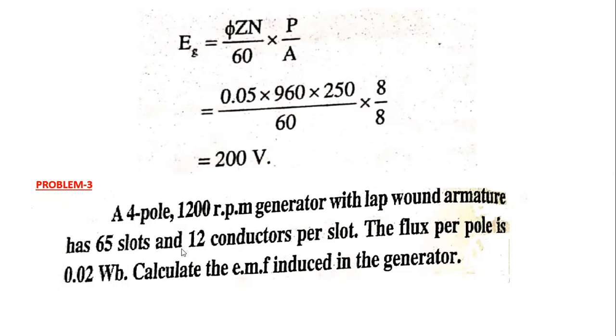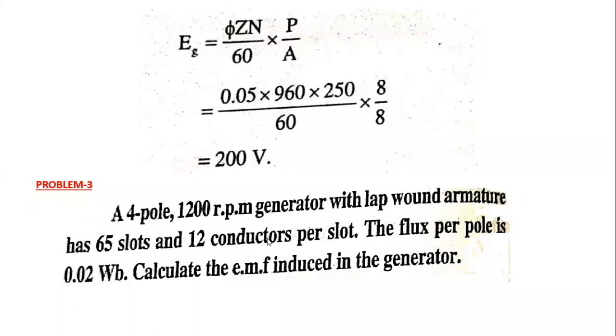The armature has 65 slots and 12 conductors per slot. In that, per means multiplication. 12 conductors per slot. Therefore, we can calculate the total conductors.